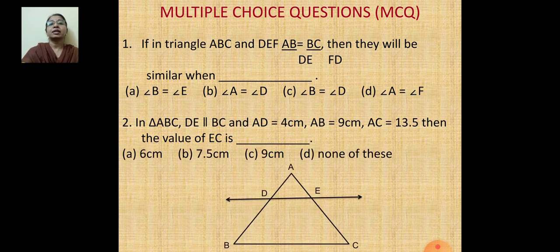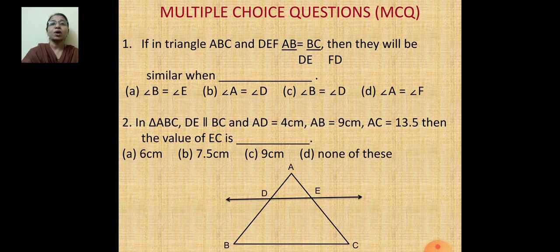Now next is, in triangle ABC, here DE is parallel to BC and the lengths of the divided parts are given to you. You have to find the unknown length EC. Okay, so a line is parallel to any one side of a triangle.